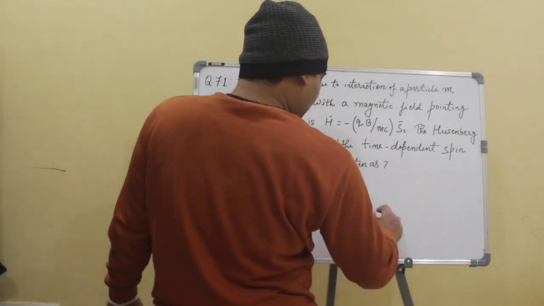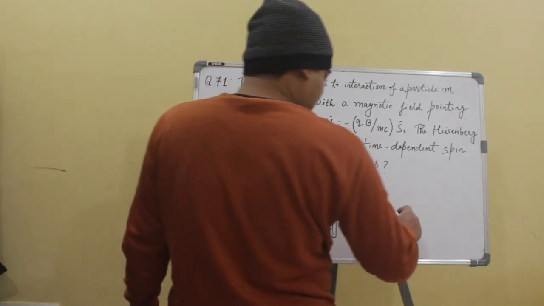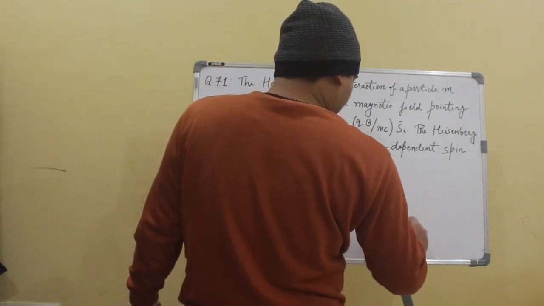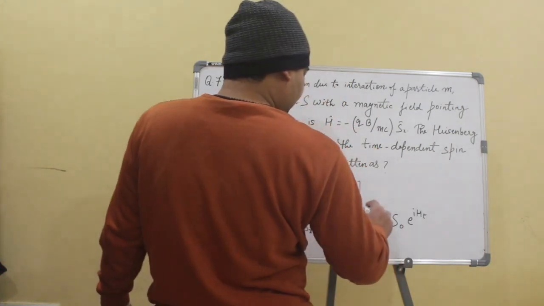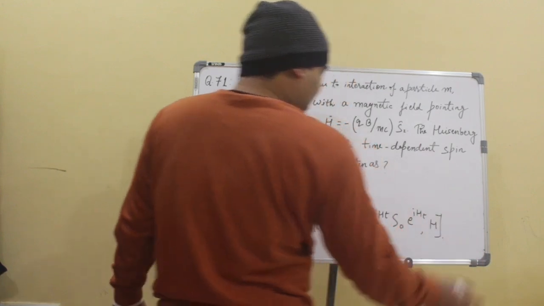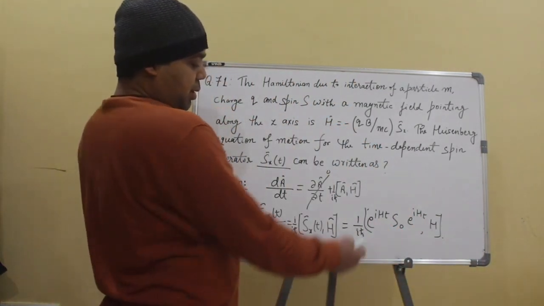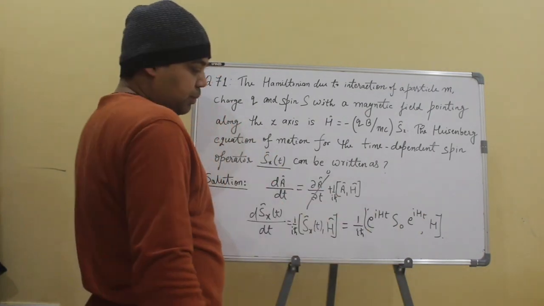It can be written as e to the power i H t by h cut, S naught e to the power minus i H t by h cut. Remember that this is how an operator evolves with time.